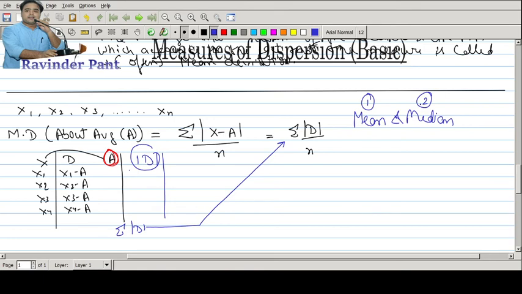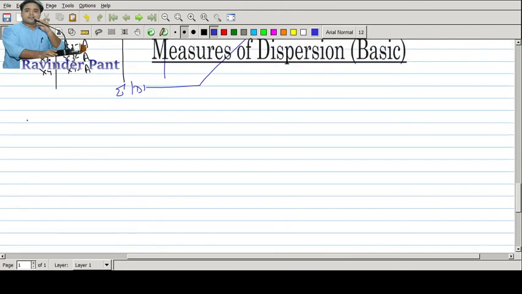But there is an advantage of calculating this mean deviation through median. Why? Because the sum of deviations of items from median is least when the signs are ignored. I repeat, there is an advantage when you calculate mean deviation through median.